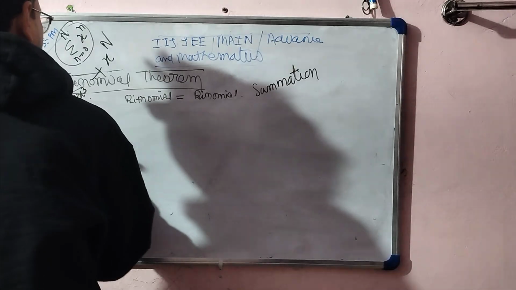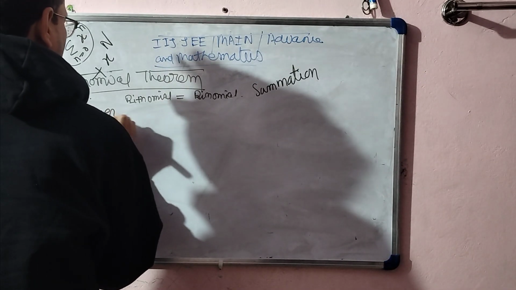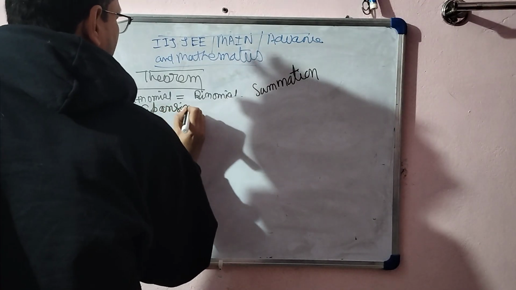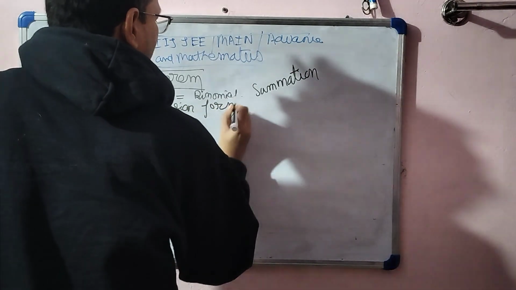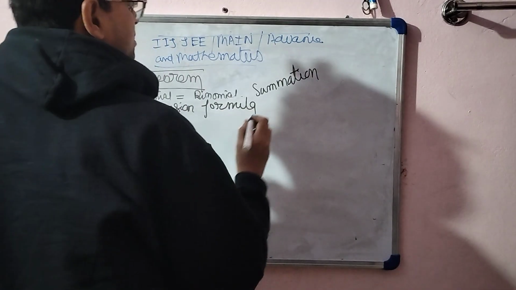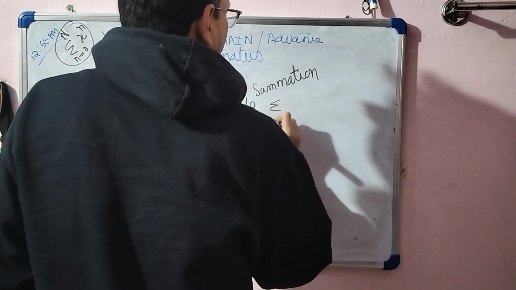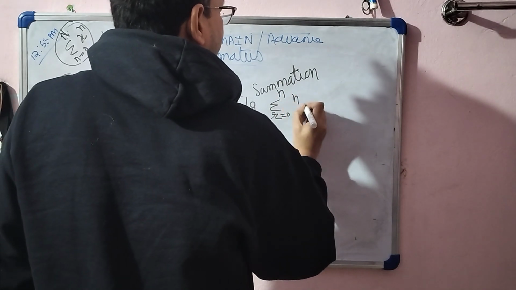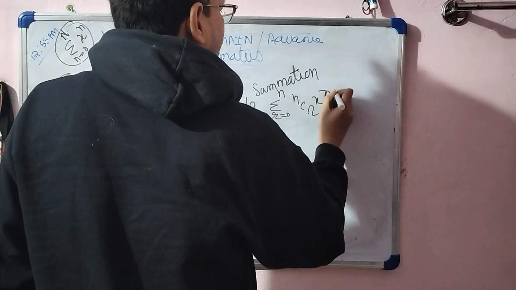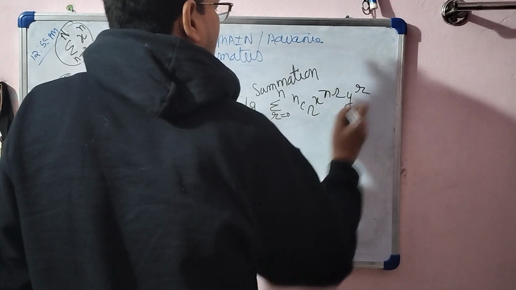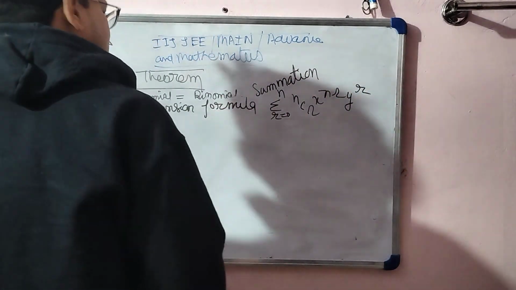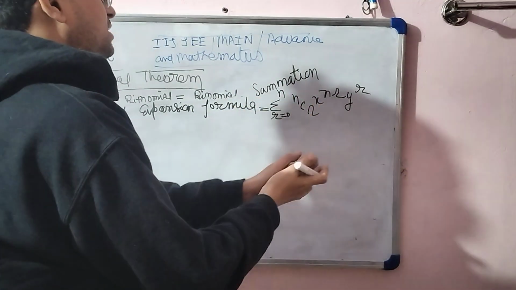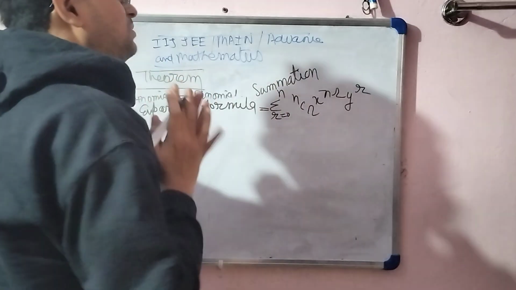First is the general expansion formula: sigma r equal to 0 to n, nCr x to the power n minus r, y to the power r. We can expand that and express it in that precise form.